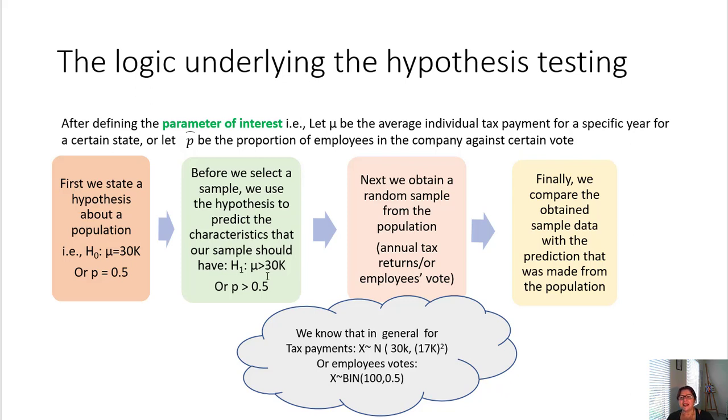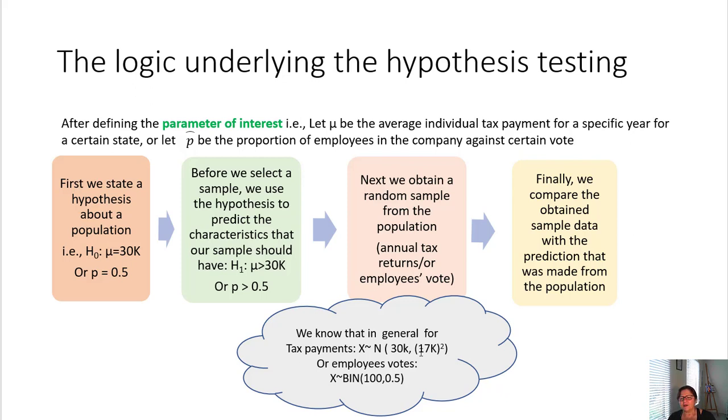And then we take a random sample, and we get the mean of that sample, x bar, and s, the sample standard deviation. We also have a comparison distribution, which is the distribution of the population of individual scores when the null hypothesis is true.